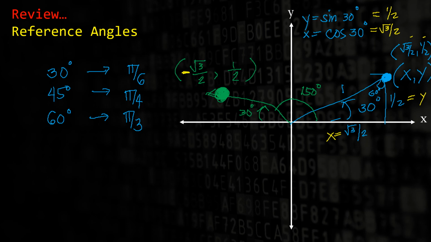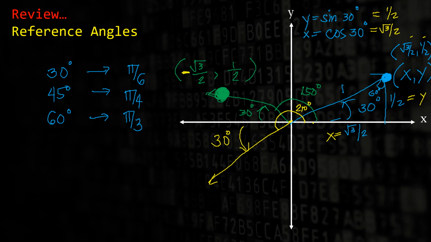Okay, so let's have another angle. Let's say the angle is measured counterclockwise. So this is again 30 degrees as the reference angle. Remember that the reference angle is created by the x-axis and the terminal side. The measure of this angle in yellow is 180 degrees, half of 360, plus 30, so we have 210 degrees.